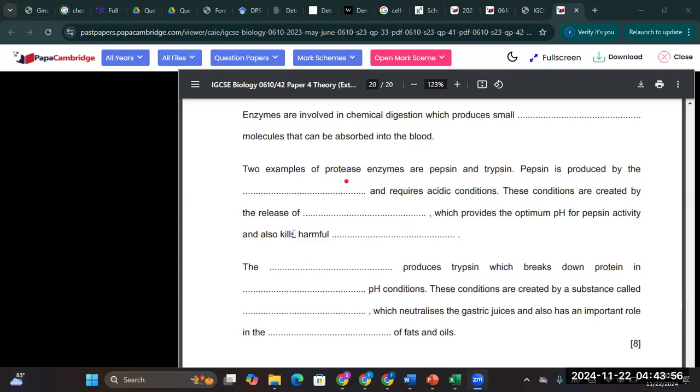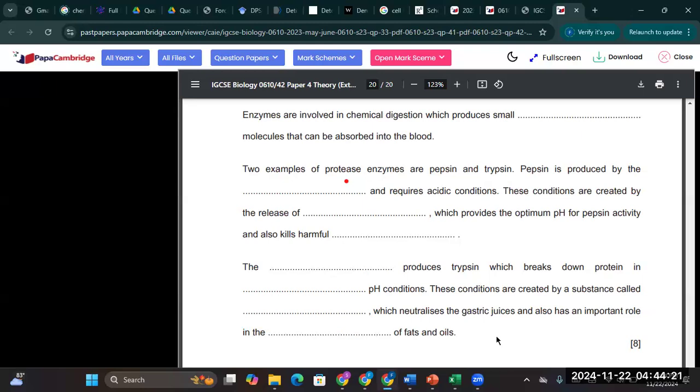These conditions are created by the release of dash, which provides the optimum pH for pepsin activity and also kills harmful dash. The dash produces trypsin, which breaks down protein into amino acids in dash pH conditions. These conditions are created by a substance called dash, which neutralizes the gastric acid and also has an important role in the dash of fats and oils.